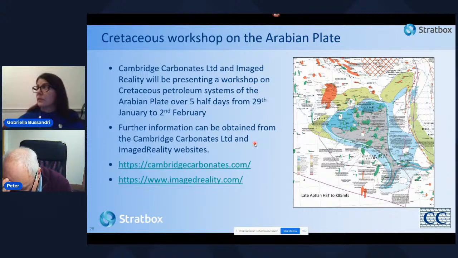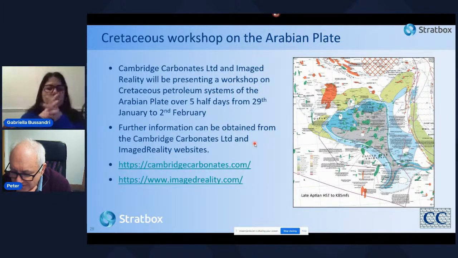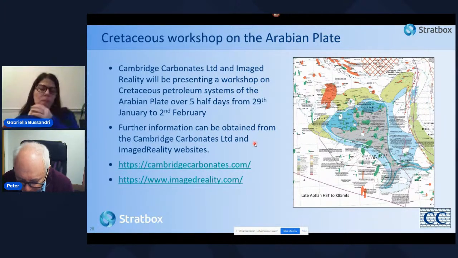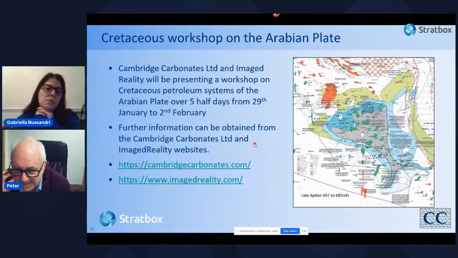And since the publication of the Arabian Plate sequence stratigraphy book in 2001, we have refined the system, kept account of publications that have been coming out in the 2 decades since then, and also refining our interpretation. So we've identified far more sequences than were originally described in the 2001 book.